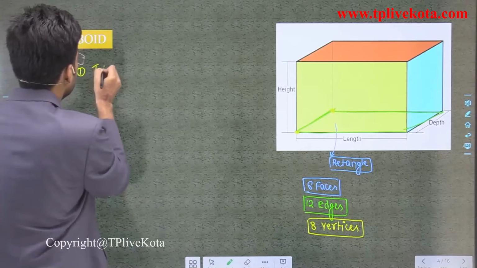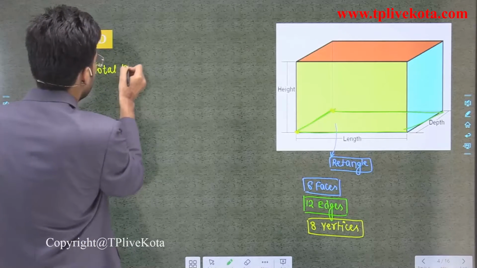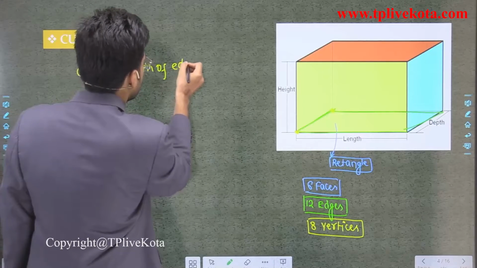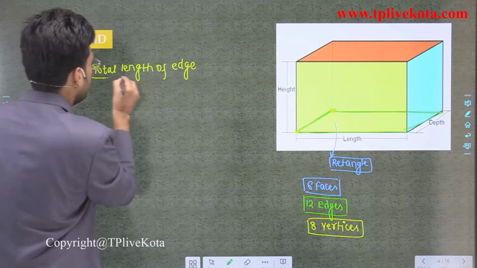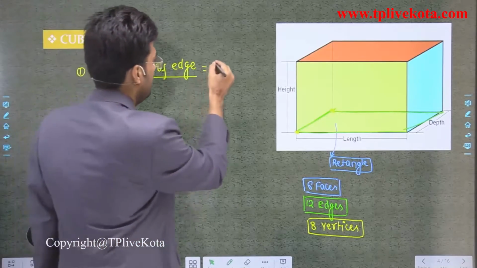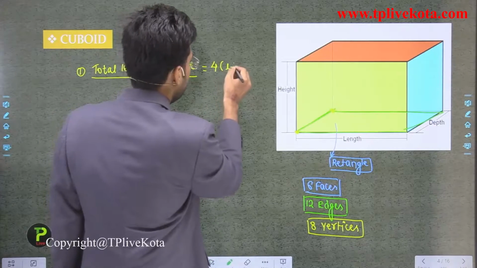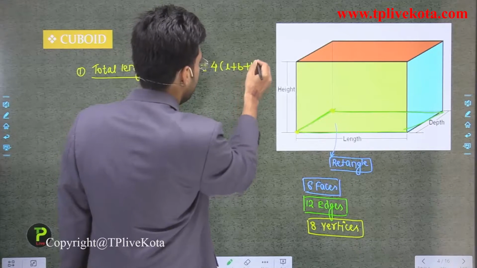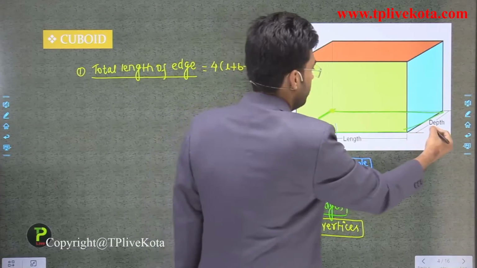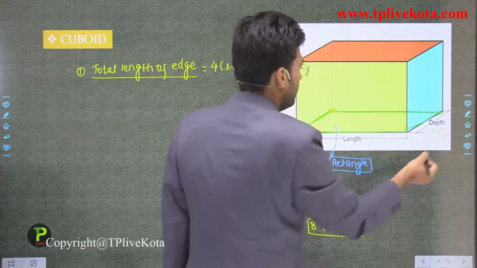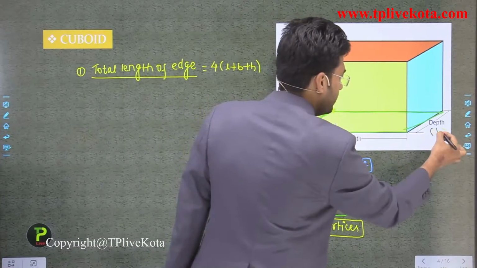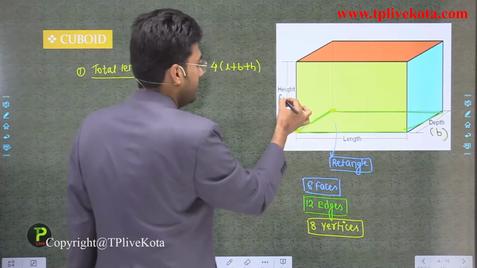Total length of edges is equal to 4 times the length, breadth and height. This is the length, this is the breadth, sometimes we call it depth, and this is the height.